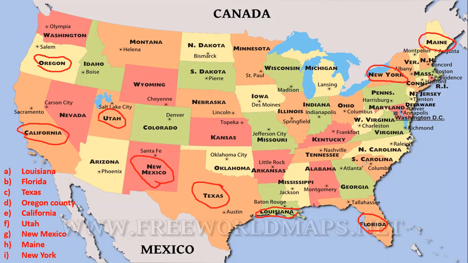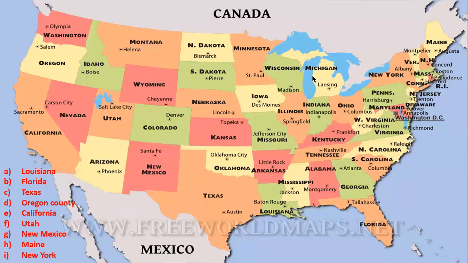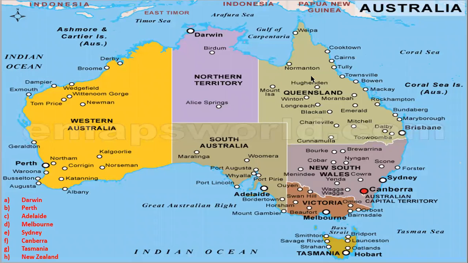All right, moving on to the Australia's map. This is the Australia's map. In this map, you have to locate important cities and towns like Sydney, Canberra, Melbourne, Adelaide, Perth, and Darwin.